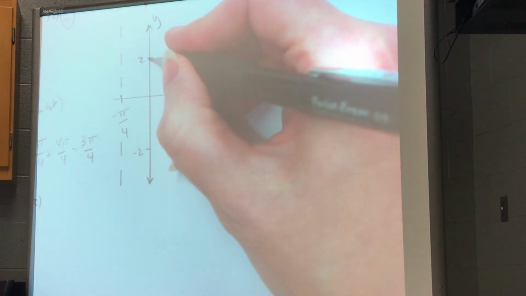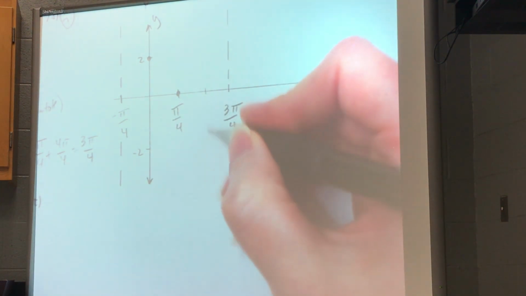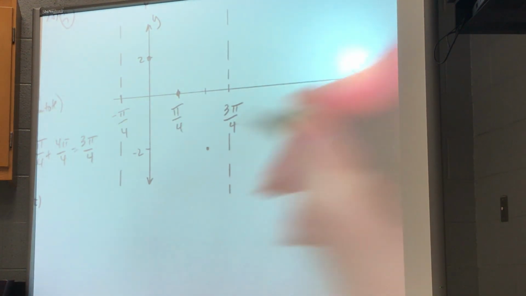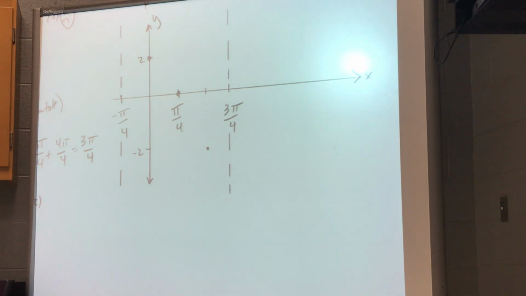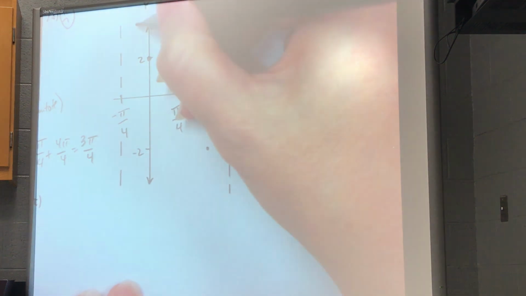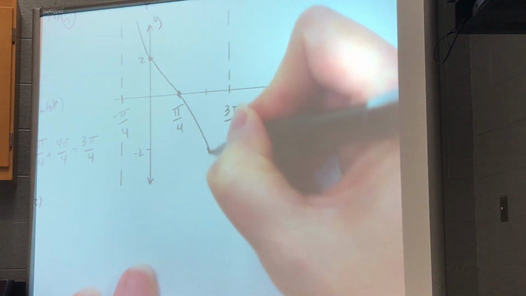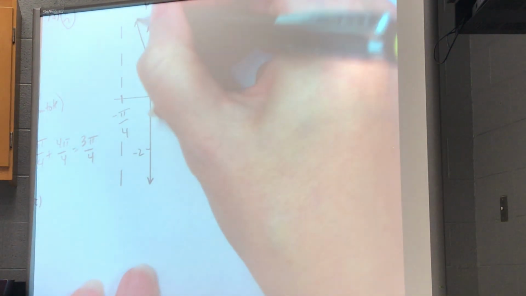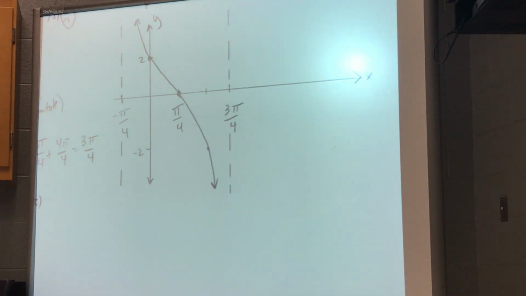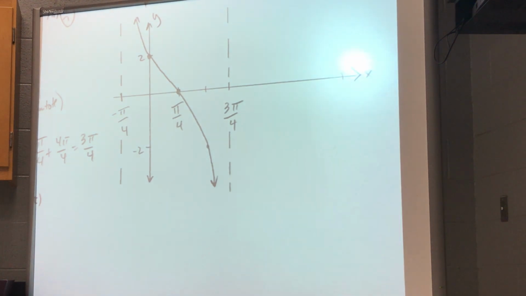So I know I would have a point here at 2, and then a point here at negative 2. Okay. So then we'll draw a sad graph. Yeah, I did that pretty good. All right, you guys find that second period on your own, please.